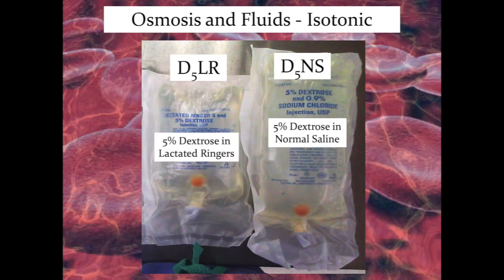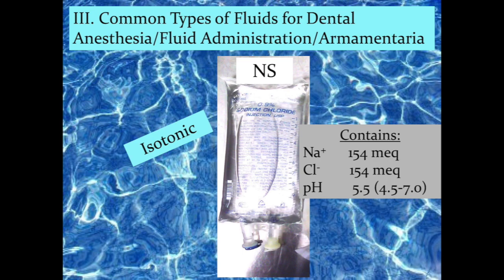If we want to add dextrose molecules because a patient's got low blood sugar, say they took their insulin and we've got to get their blood sugar boosted up and they're going in for surgery, we have a D5-LR and a D5 normal saline solution available that will provide that dextrose in an isotonic fluid. In our emergency drug kits, we also have dextrose 50 grams within a bottle that should be in your emergency drawer. This shows you the recipe for normal saline.